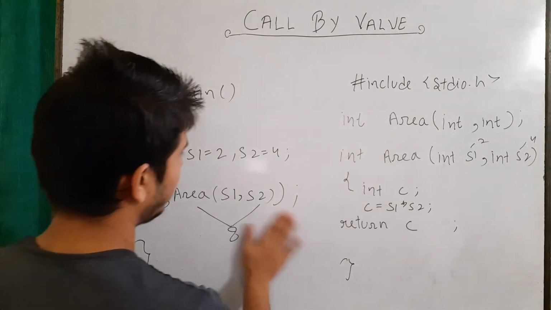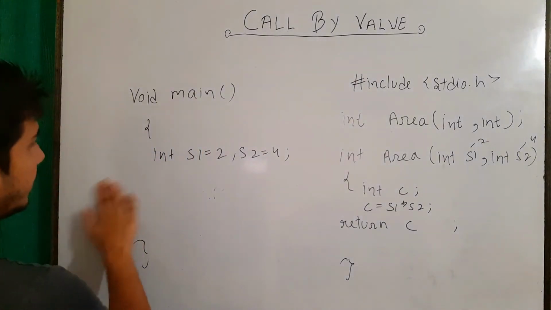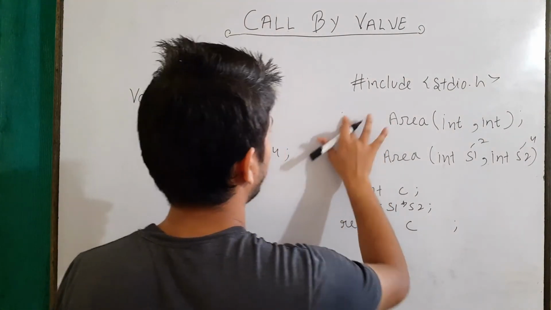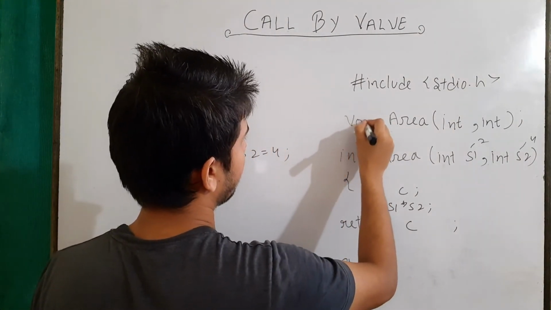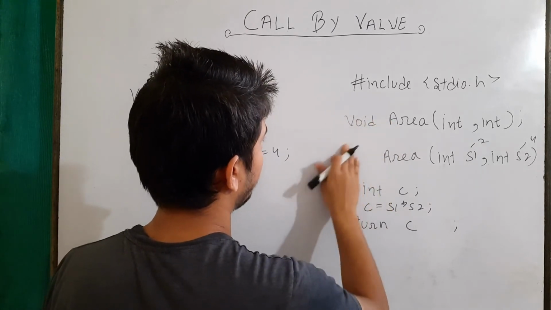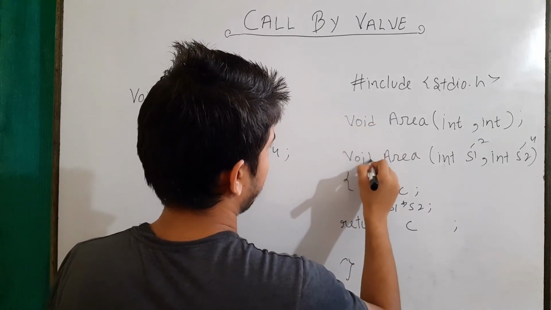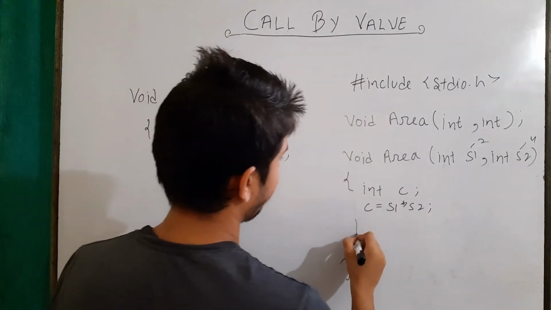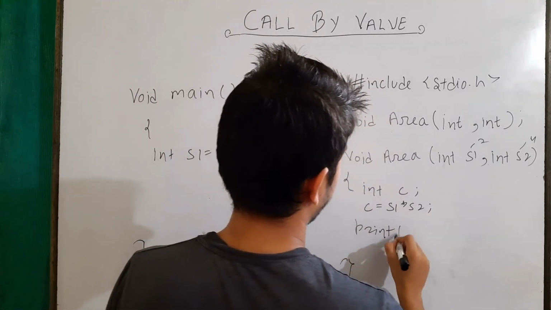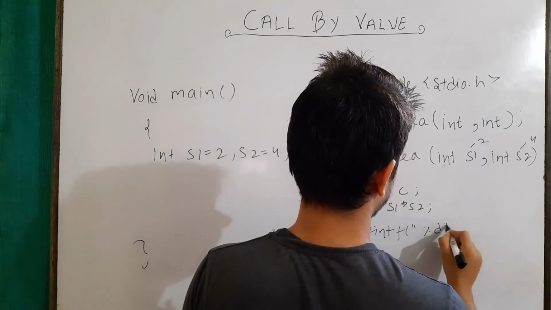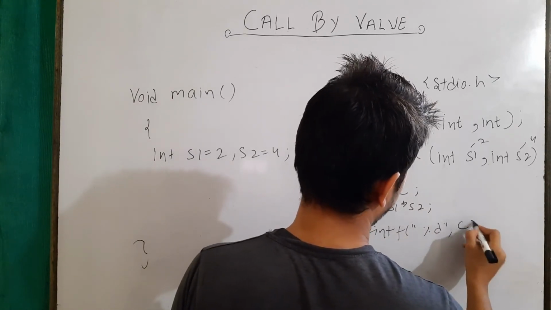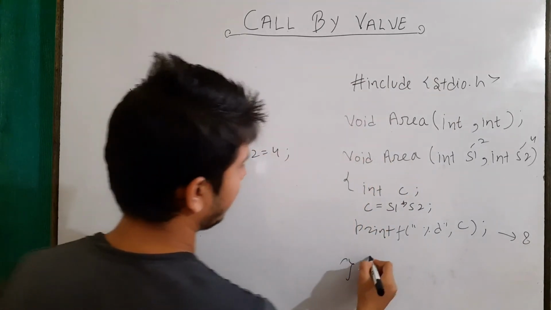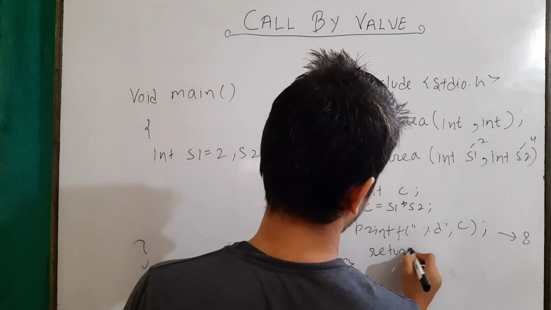Another thing that we can do here is that instead of making the return type integer, I will write void, and then I will write printf %d and then c. It will also give me output as 8. And then I can write simply return, or there is no need to return.